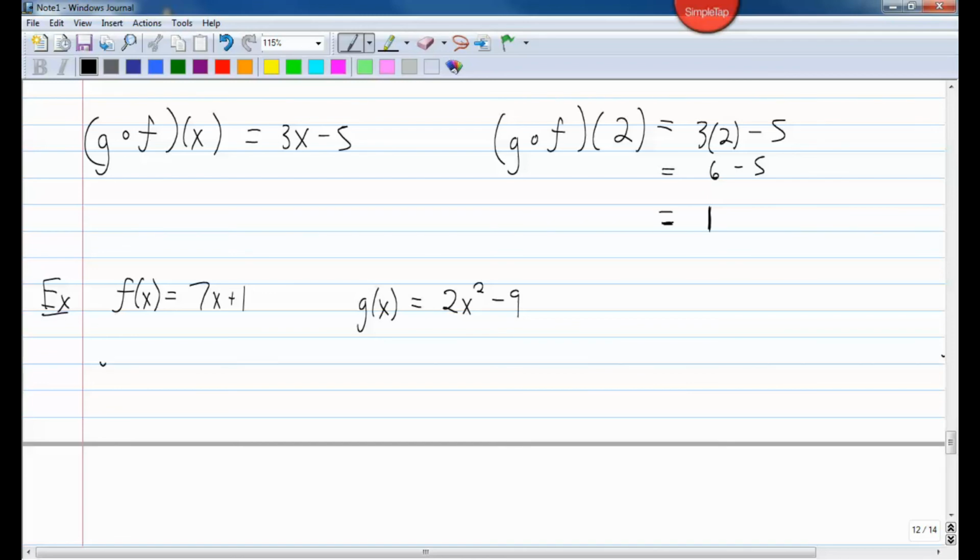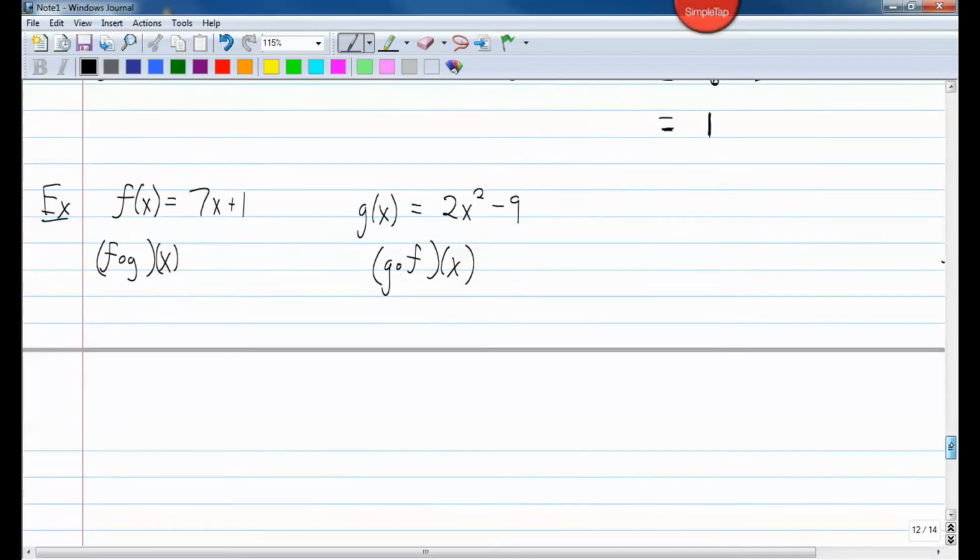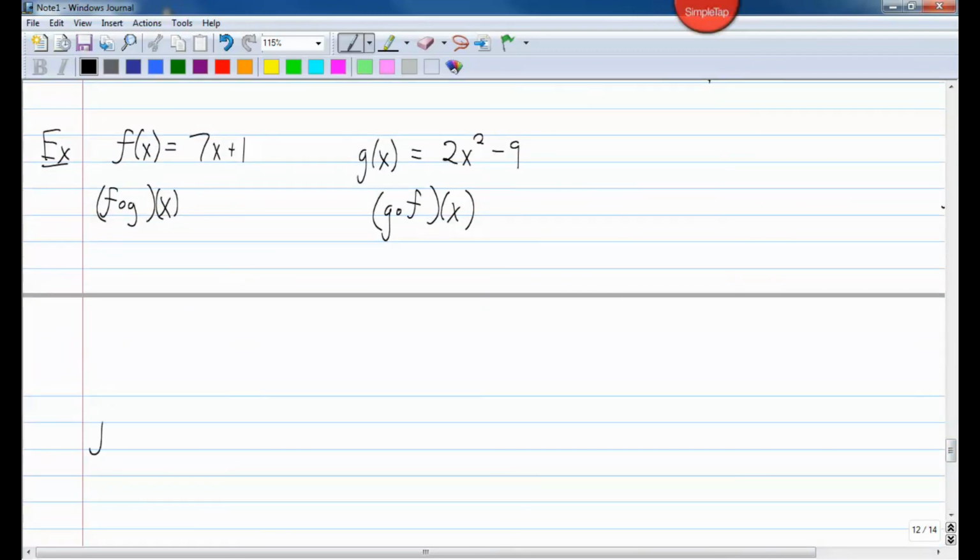I'm going to find f of g of x. I'm going to find g of f of x. Then I'm going to find f of g of 2 and g of f of 2.